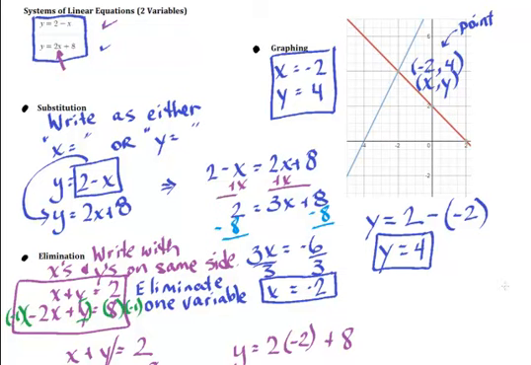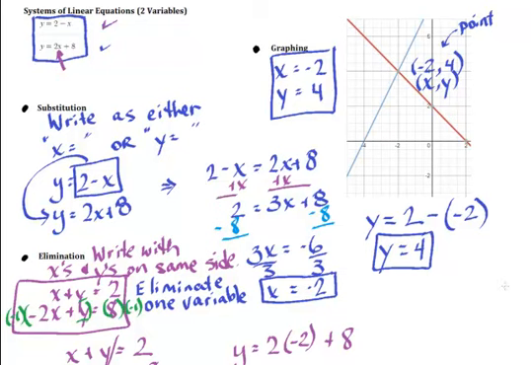Now, I don't need to know what -y equals. I need to know what y equals. So I've got to multiply both sides by a -1 to get rid of that negative. So I would have that y equals -2 plus 2x. So there's one of my equations. All right, let's find the other one.